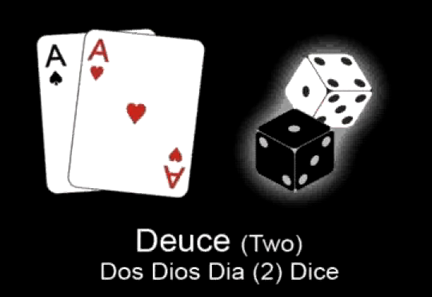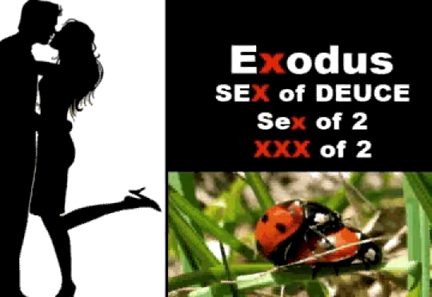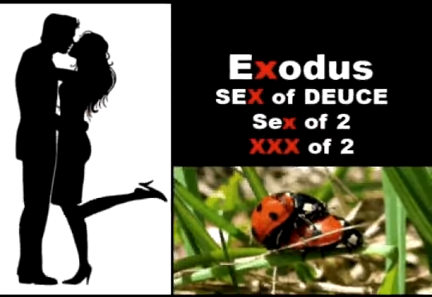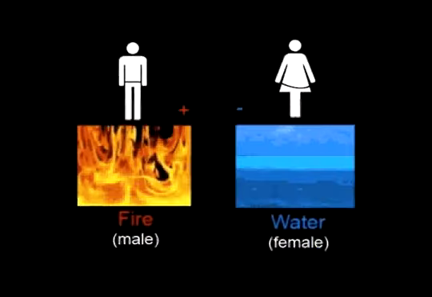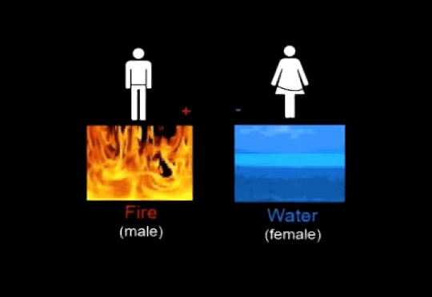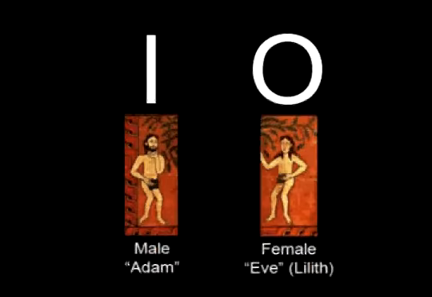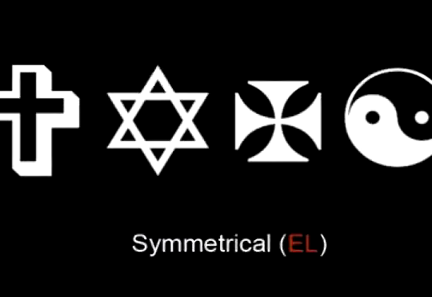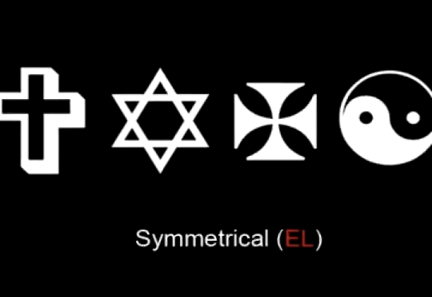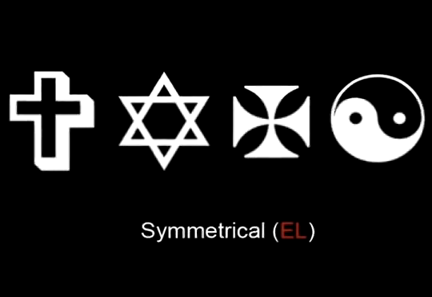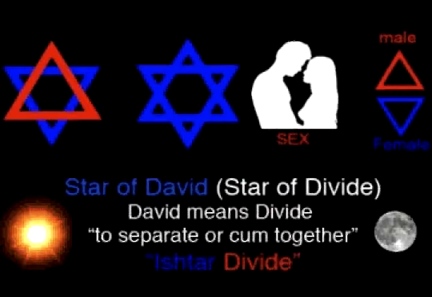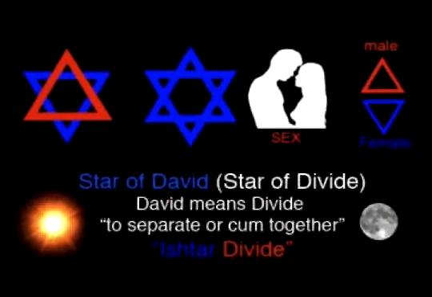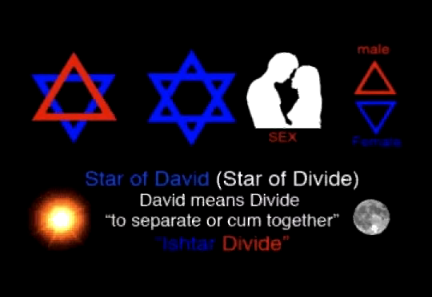Notice the produce as in deuce, as in dose, as in Zeus, the two, the sexaduce, because all animals reproduce with the dualistic nature of male and female, which is why almost all of the symbols of religion have the dualistic nature of negative and positive, the two halves, the dios, the two sides.